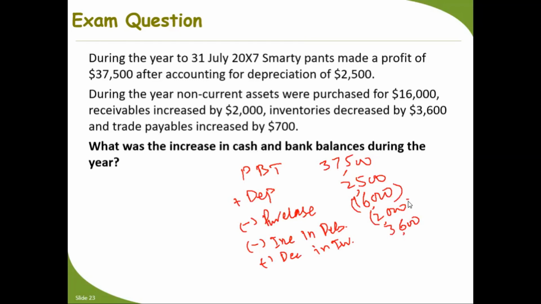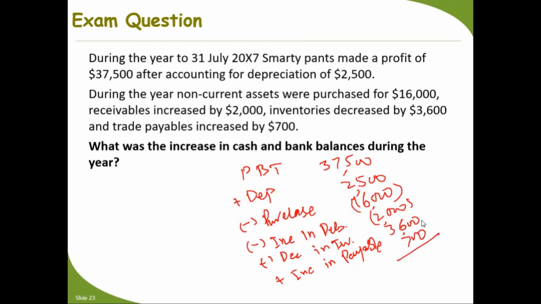This is outflow. Outflows will always be shown in brackets. Then trade payable increased. There is inverse relationship between the treatment of current assets and current liability. So increase in payables will be your inflow. How much that is? 700.